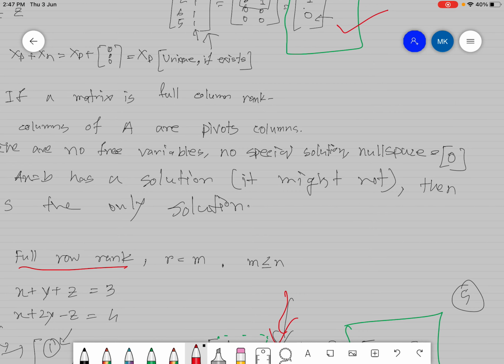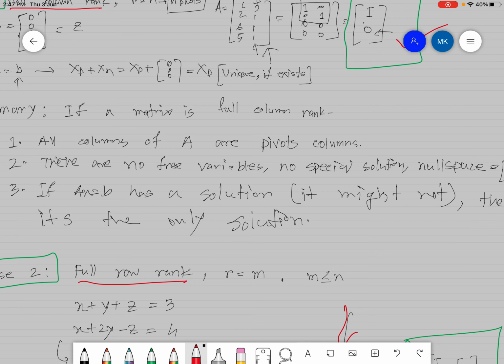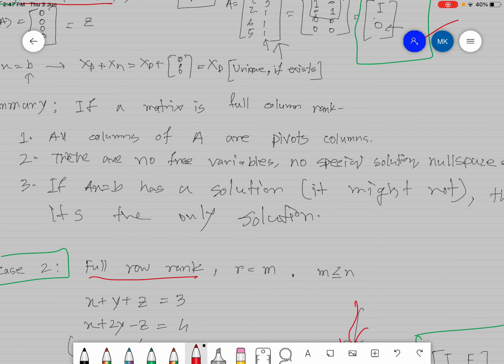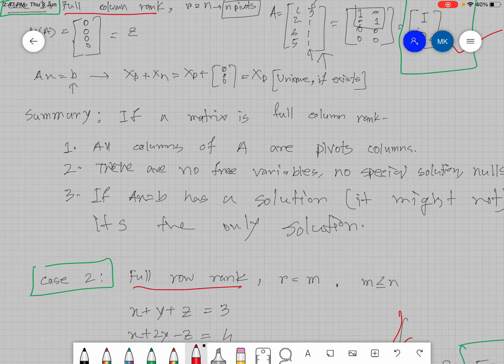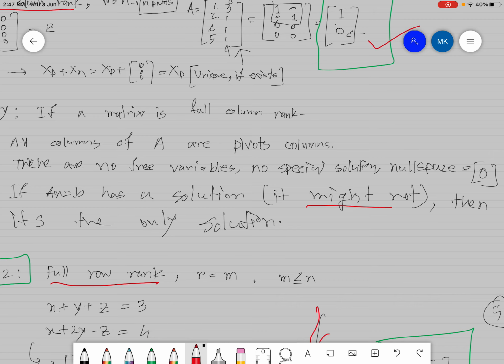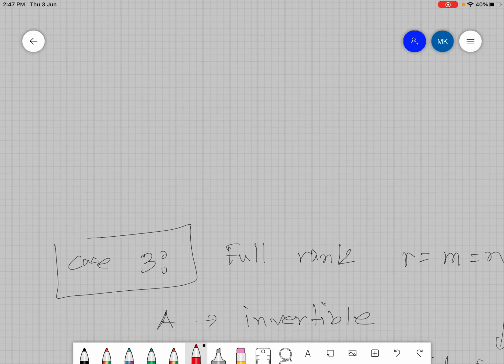And what was the number of solutions? In case of full column rank, there might be one solution if it has a solution, and we saw that the null space is 0, so you cannot add anything new to the particular solution. So that's the only solution, if there is any solution, right?